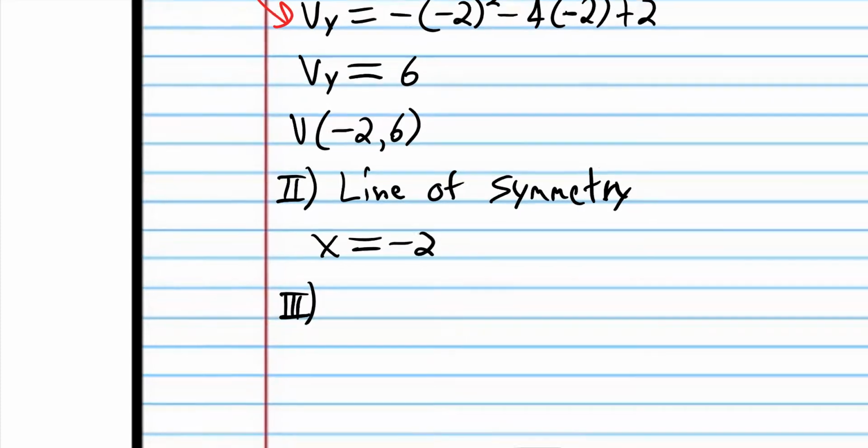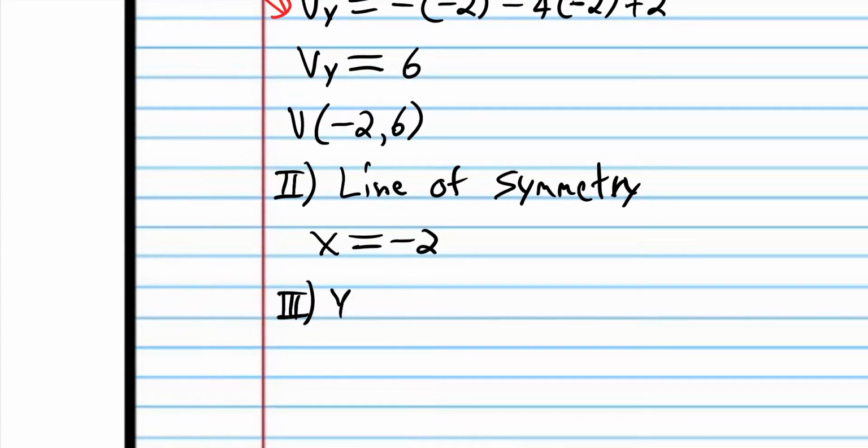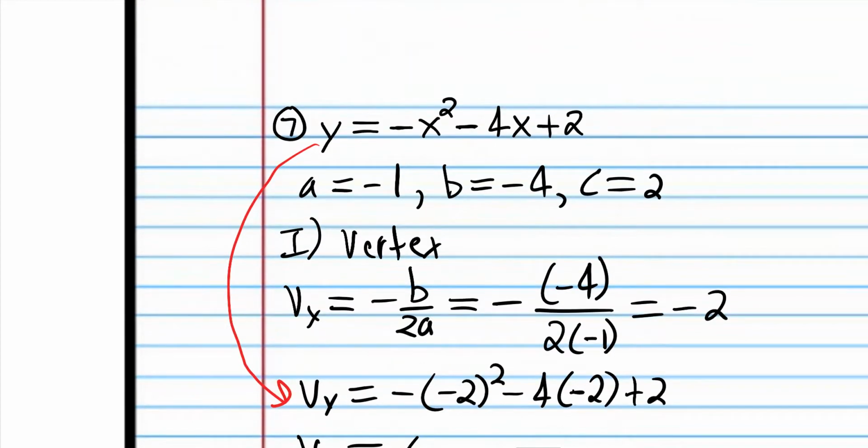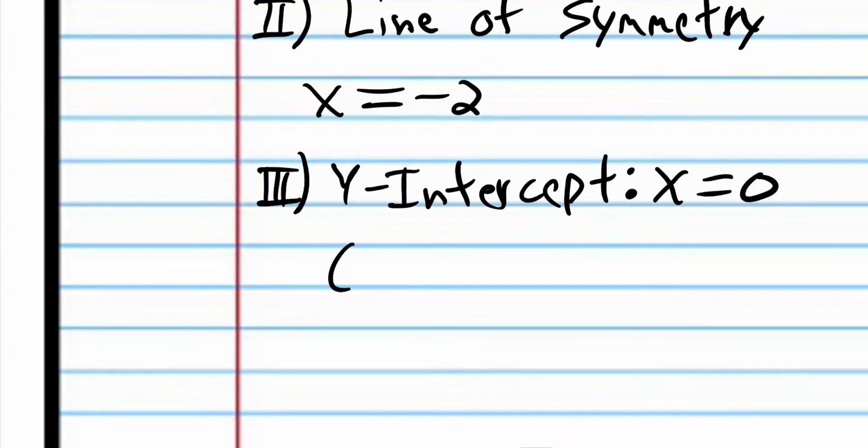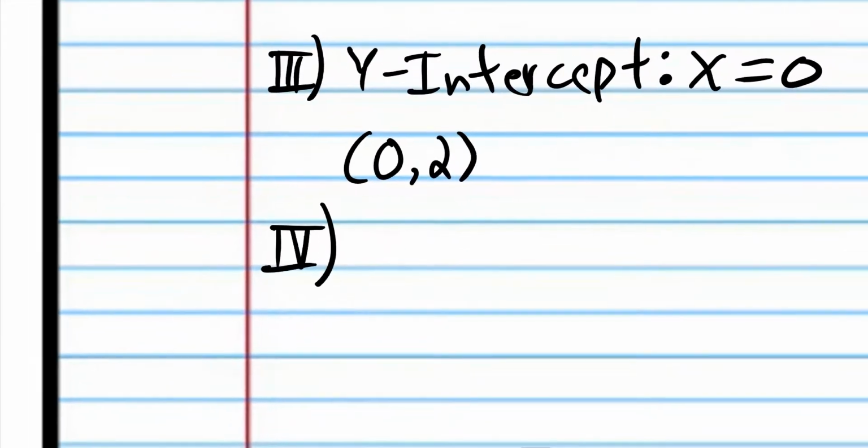Step 3, we're going to find the y-intercept, which in standard form is going to be really easy. In standard form, the y-intercept is always this number over here, so 2. So y-intercept is 0, 2. And now we're going to find the x-intercepts.